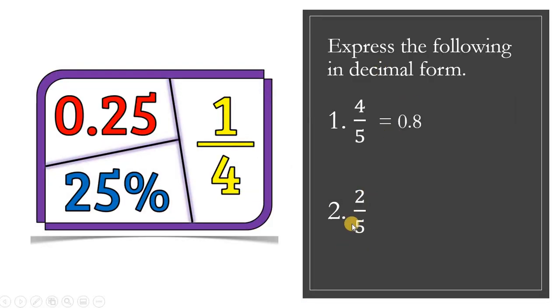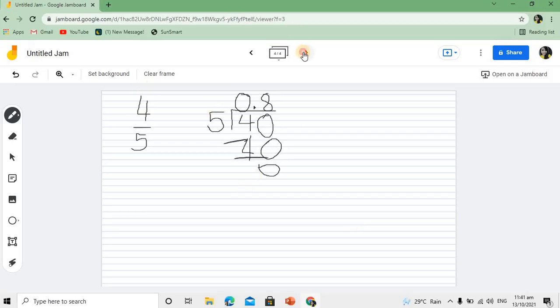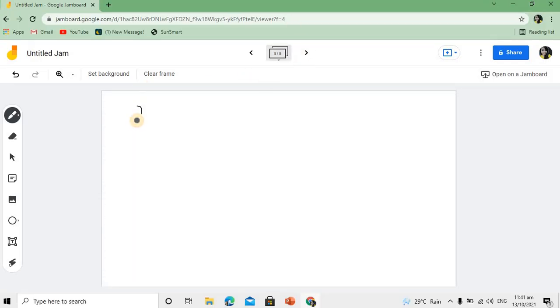And then, how about 2 over 5? So, 2 over 5, what will be the decimal form? Again, di-divide natin sa lahat. 2 divided by 5. Okay? Again, lagyan natin ng 0 sa tabi ng 2, and then dun sa quotient, 0.2. 20 divided by 5 is equal to 4.